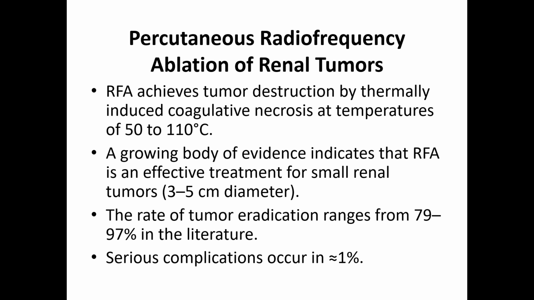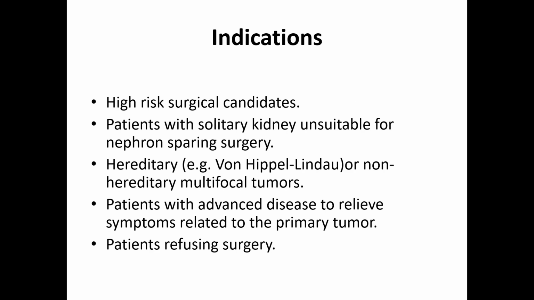The success rate is 79 to 97%, as written in the literature. It is good for those who cannot stand the operation, and has fewer complications in comparison to surgery, whether laparoscopic or open.